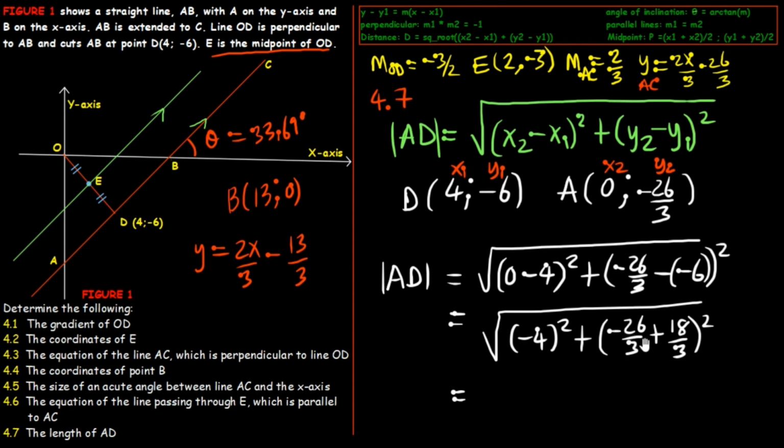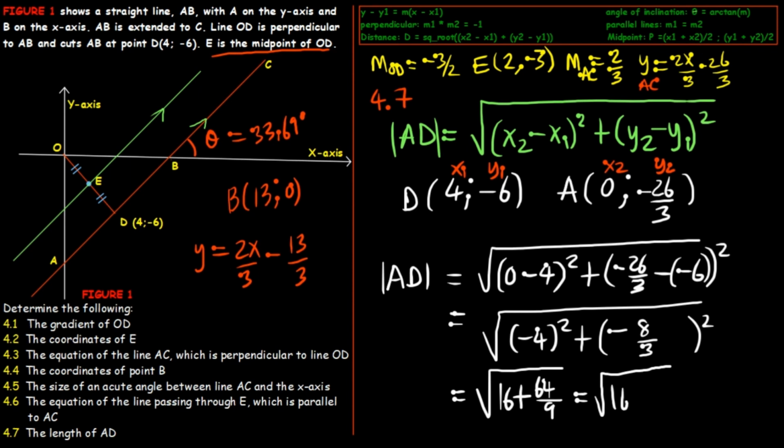So negative 26 plus 18 will leave us with negative 8 over 3. Okay. So now negative 4 squared, we get 16. Then plus negative 8 squared, we get 64, right? Then divided by 9. All right.